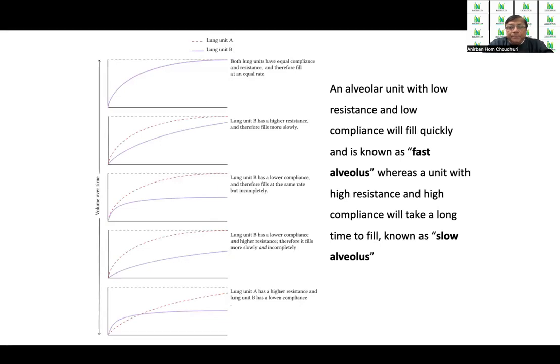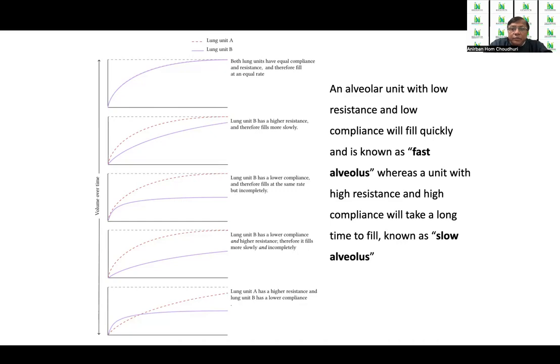Whenever we talk about this open lung approach, we start by discussing time constant. We know that the time constant is a product of the compliance and the resistance. In the lungs, all the alveoli don't exhibit similar behavior, and they vary in the time of filling and in the time of exhalation.